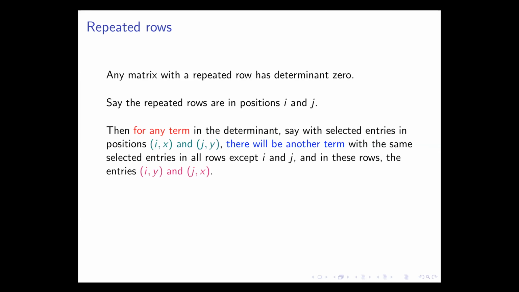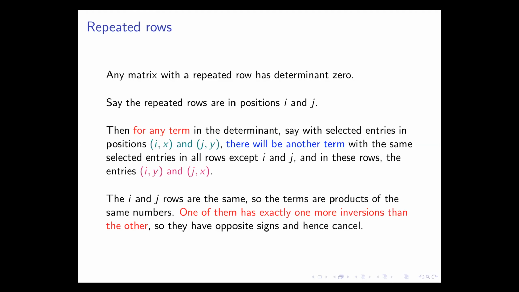And in these rows, the entries will be i, y, and j, x, and then of course they will cancel. So the i and j rows are the same, so the terms are products of the same numbers, but one of them has exactly one more inversion than the other, so therefore they have opposite signs, and therefore they will cancel. I encourage you to look at the previous example again, and understand why this is the case.